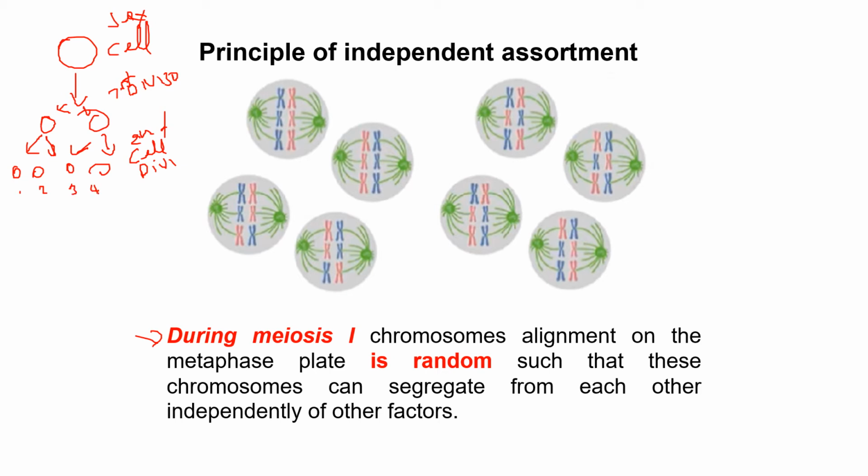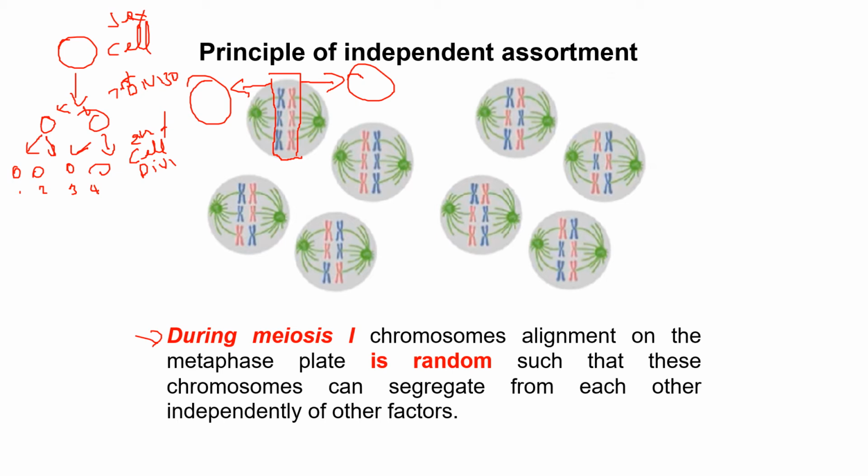But when scientists went and studied this, as you can see here, they found that the chromosomes align in the middle, and here you will see that the blue ones will go here, and the pink will go here, so they will go to one cell here, and to another cell here. What is interesting about this process is that it happens randomly.